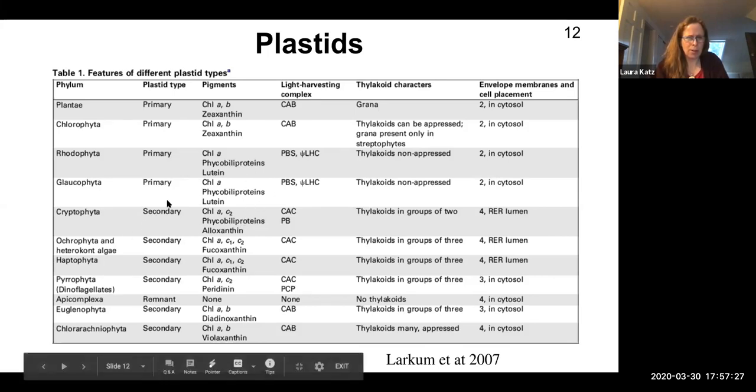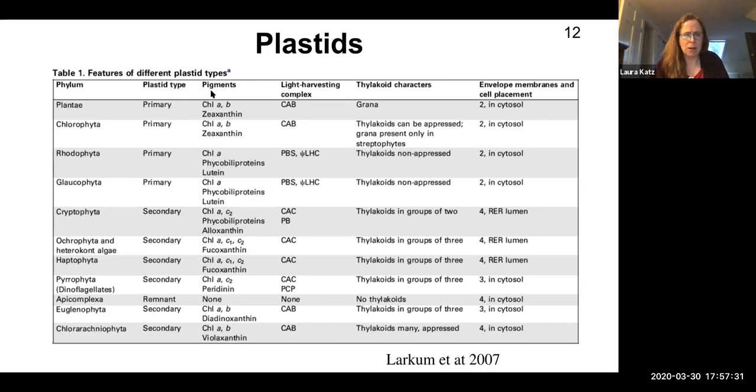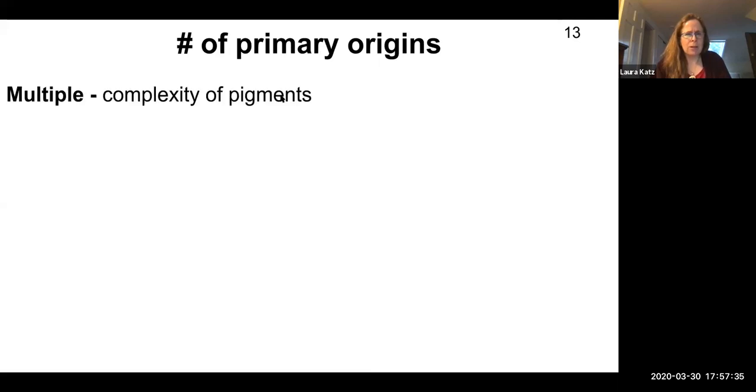And when we go out to the secondaries, we see a greater diversity of pigments in these plastids. Sorry, I said chlorophyll, I meant pigments. So in terms of the arguments for the multiple origins of plastids, one aspect is the complexity of pigments. So what do we know here?